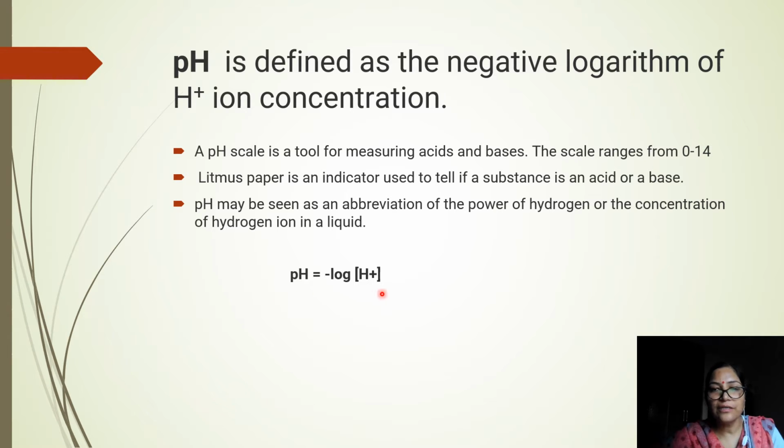This formula is applicable for dilute solutions and for strong acids and bases. So pH may be defined as the power of hydrogen, or the concentration of hydrogen ions in the liquid.